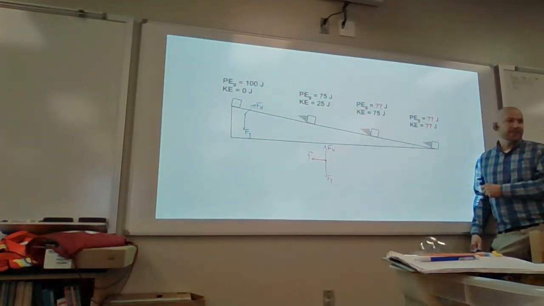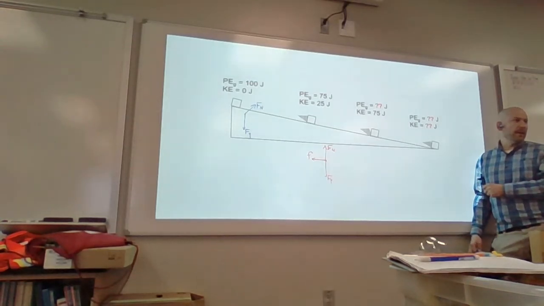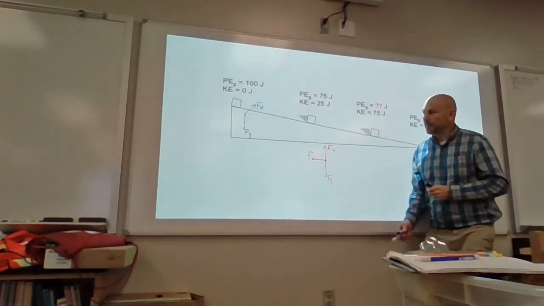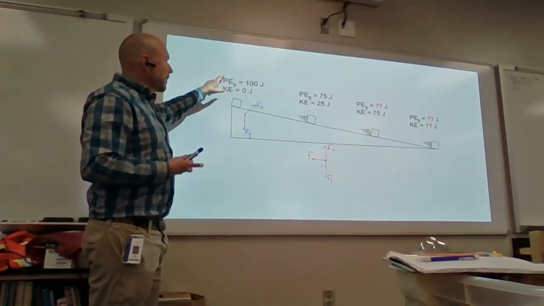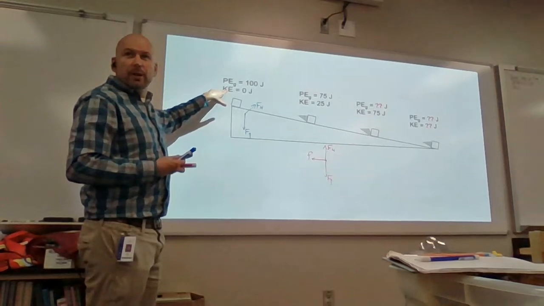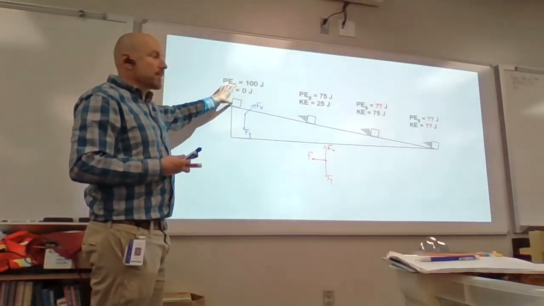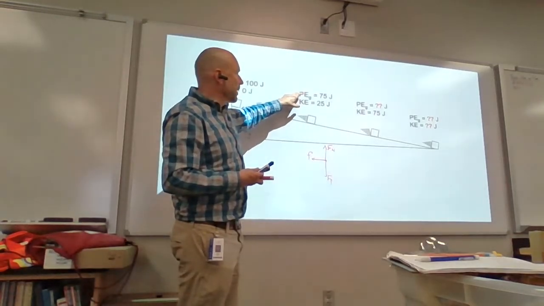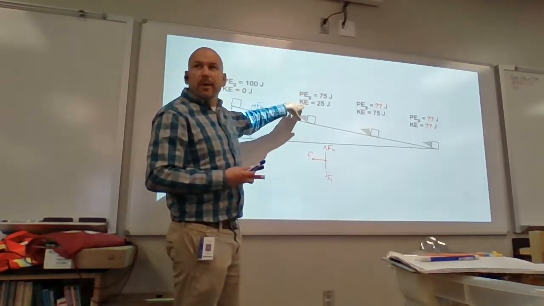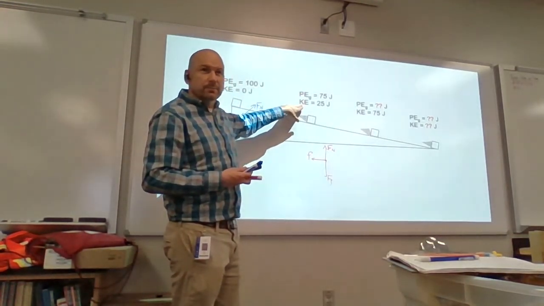Okay, this last one is just demonstrating the same thing with numbers. Here we start with 100 joules of potential energy and we start at rest. As it slides down the ramp, we're decreasing potential energy but increasing kinetic energy.